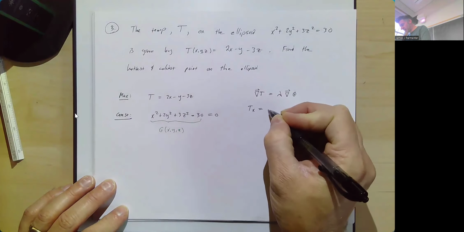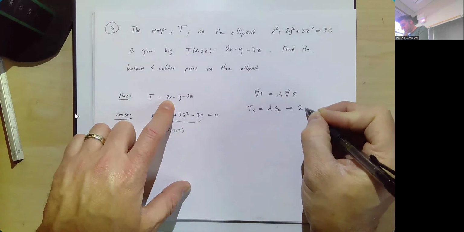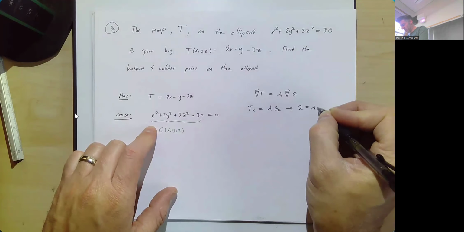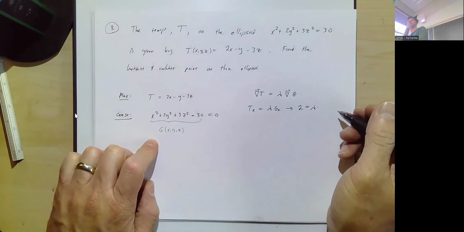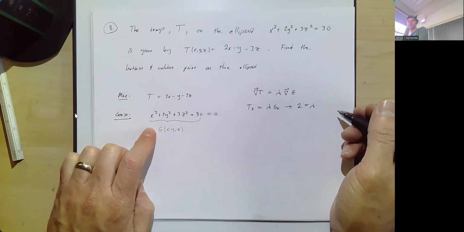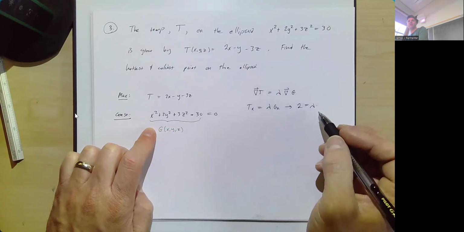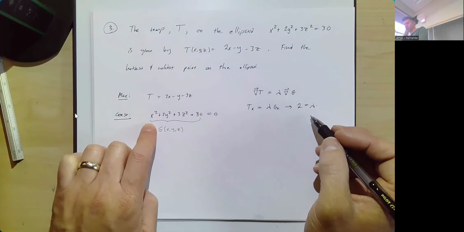So Tx equals lambda Gx is going to give me 2 equal to lambda times, sorry, not times x squared. What should I be multiplying by? I'm trying to find Gx. What's the partial derivative of this with respect to x?